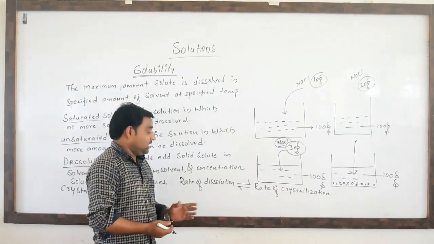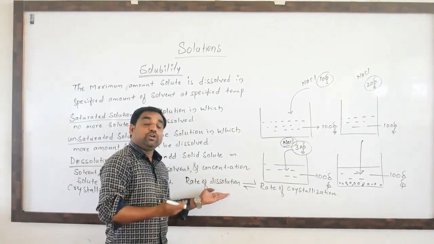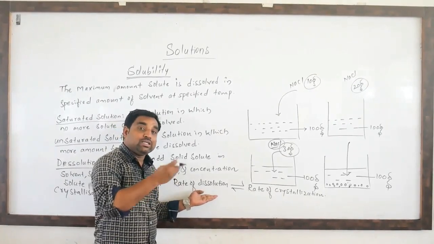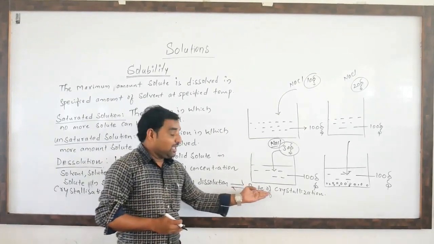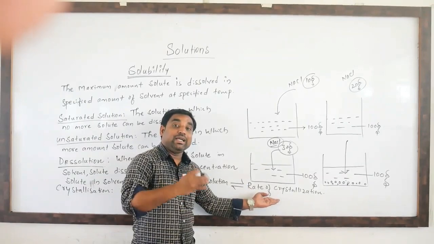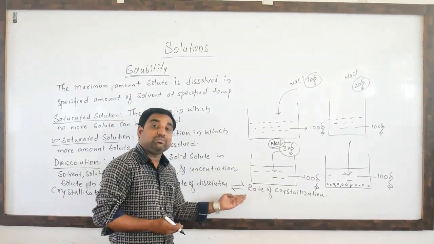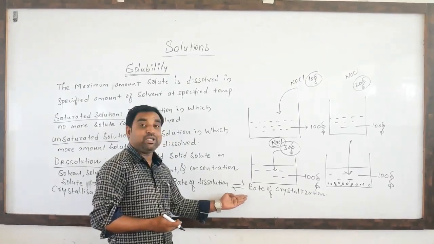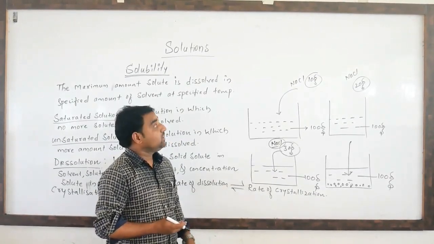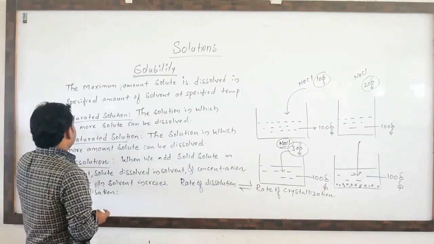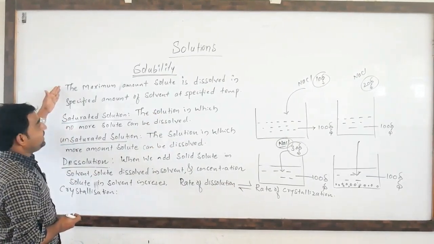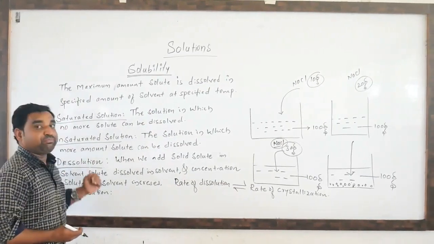It means the number of solute particles dissolving in a solvent and the number of particles getting precipitated are equal. In such cases, we call the system to be in dynamic equilibrium. These are the basic points regarding solubility and the meaning of solubility.